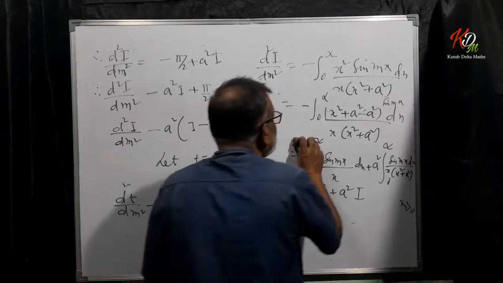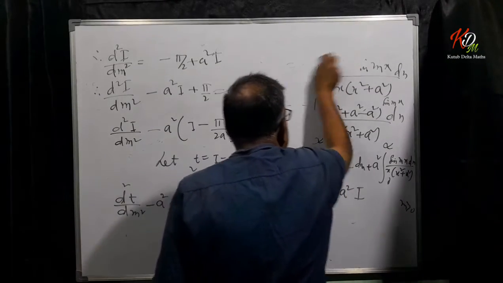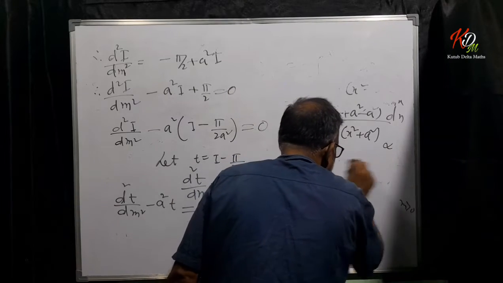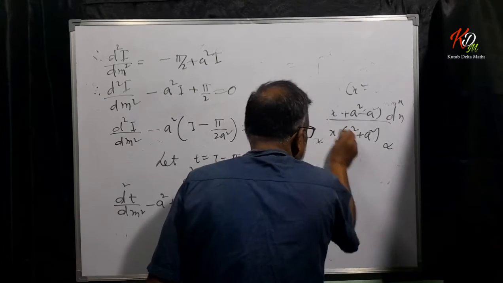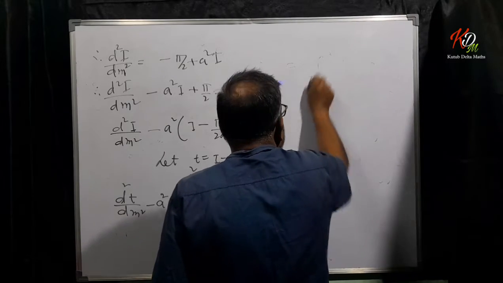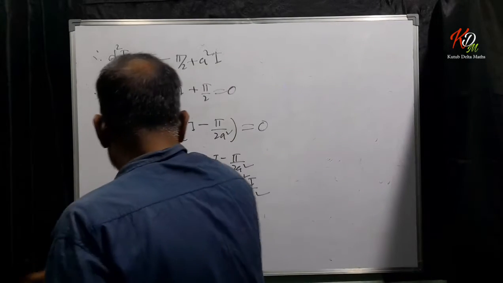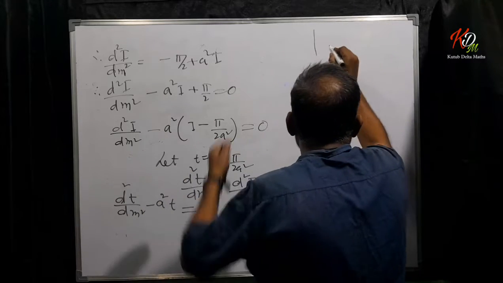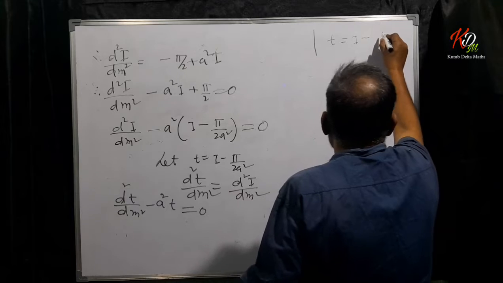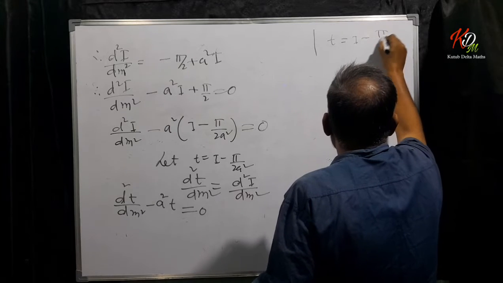Now we write that t equals I minus pi by 2a square.